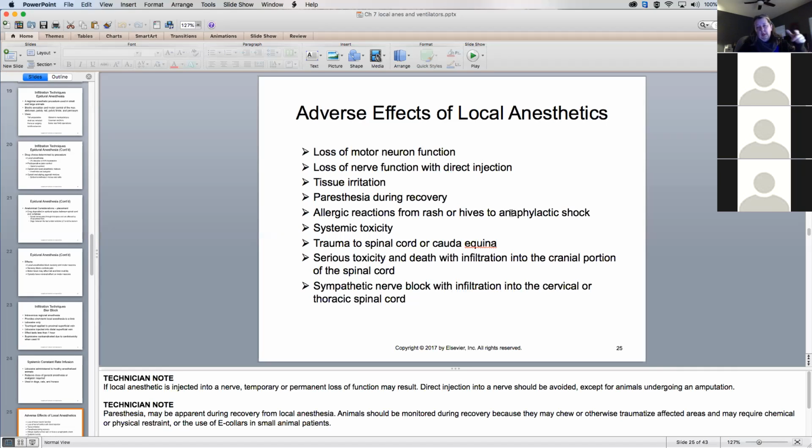Anytime you put a needle in that space and give that drug, the big thing I worry about is systemic hypotension. If the blood pressure starts to bottom out and the heart rate goes up because it's compensating, and the dog potentially gets really pale, or sometimes really flushed, and you see a spike in temperature, those are all signs that they may be having a reaction to the drug.